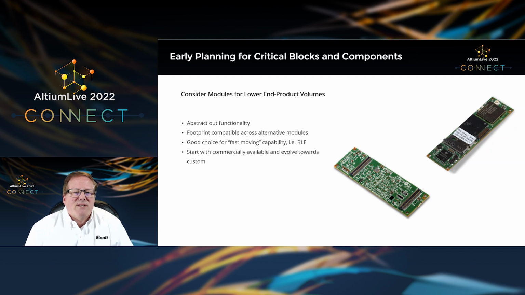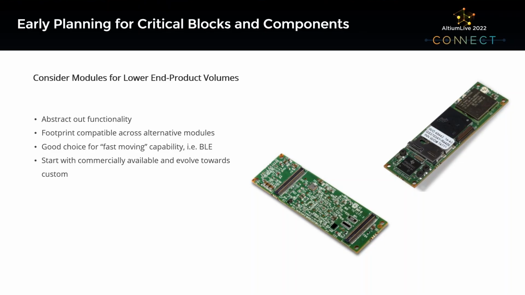Again, this is sort of similar to what I started with in the last section, but consider modules for lower end product volumes. There's a lot of single board computers, or single board compute platforms, I guess I should say. You have footprint or interface connectivity across various products, and it's standard in such a way that you can either use this with off-the-shelf mini micro platforms, if you will, or you can even develop your own.